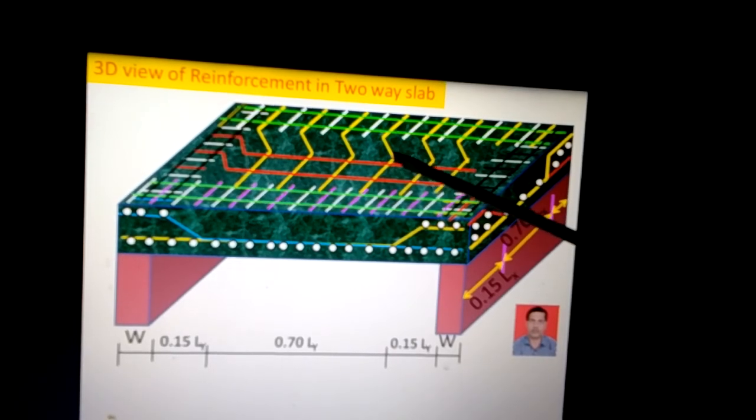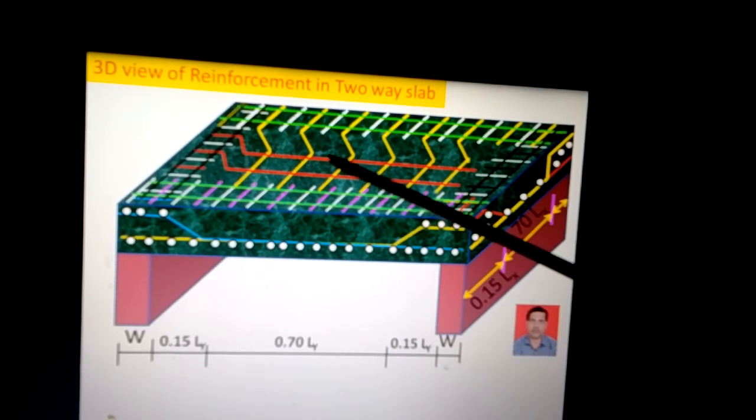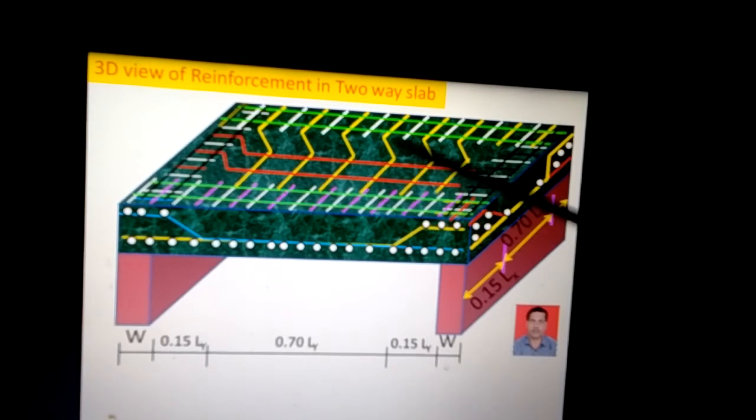So the mesh of the bars formed in the bottom of the slab in the middle strip and the mesh of the bars formed in the edge strip are visible. In actual slab construction, if you visit a site, you will see that the reinforcement along the edges of the slab is similar to this image.